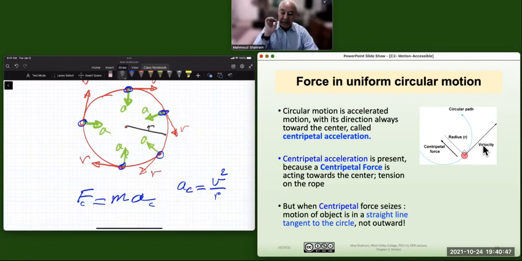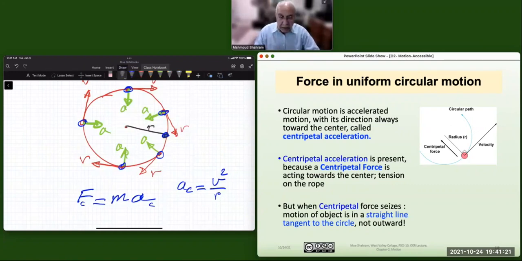Now, a very, very important point. Suppose this object is tied to a rope, and you turn it in this uniform circular motion. And then you cut the rope. What happens to the object? Let's say I cut the rope at this instant.